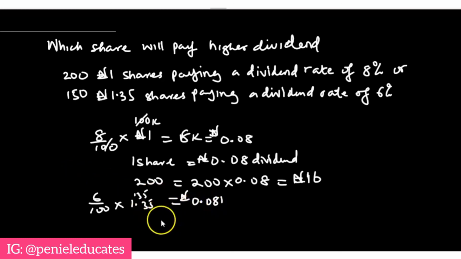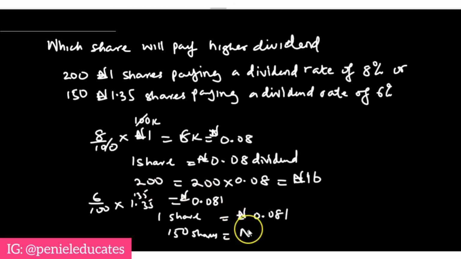So for one share, I have 0.081 naira as a dividend. Then for 150 shares, multiplied by 150, I'm going to have 12.15 naira.